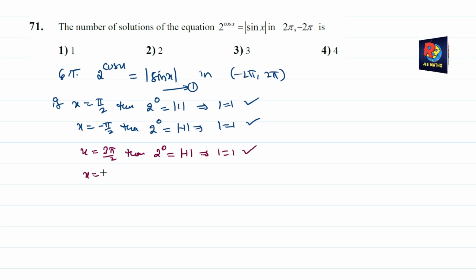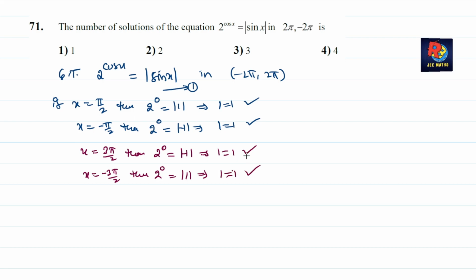If I take x equals minus 3 pi by 2, then cos 3 pi by 2 is 0, and sine of the minus value will be minus of minus, plus 1. No issue about that one, so here also it is satisfied, 1 equals 1.